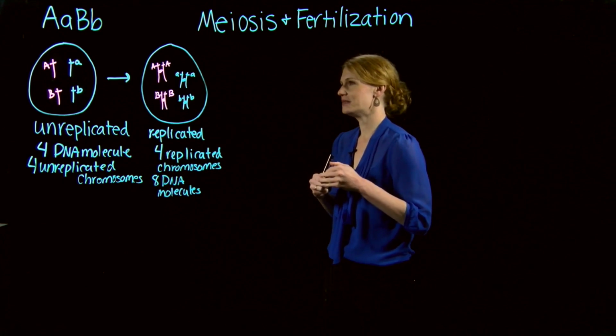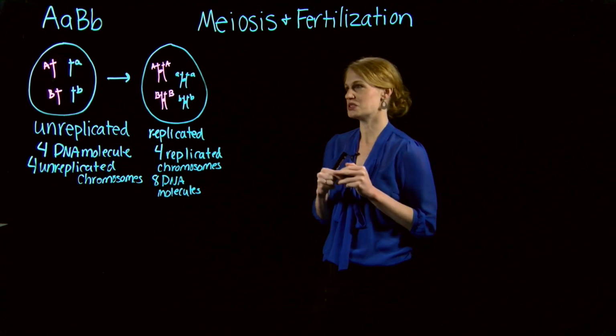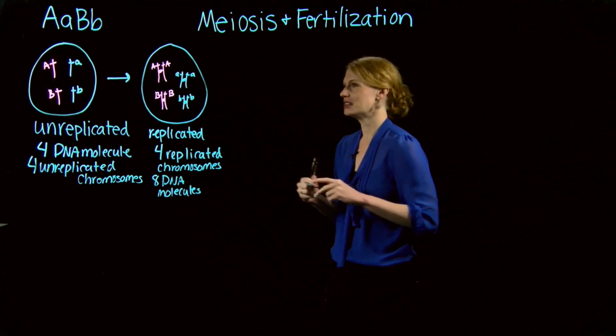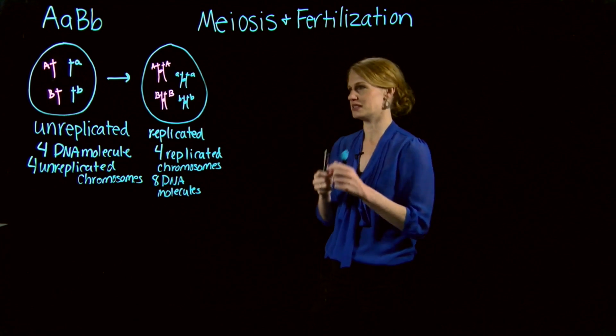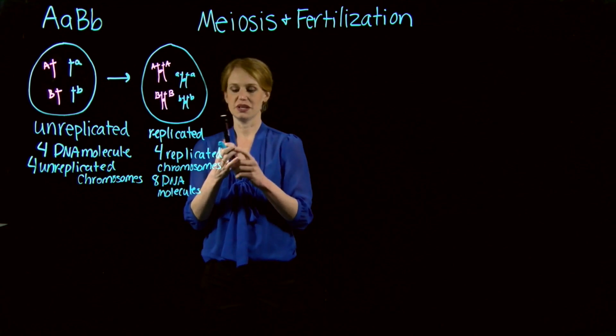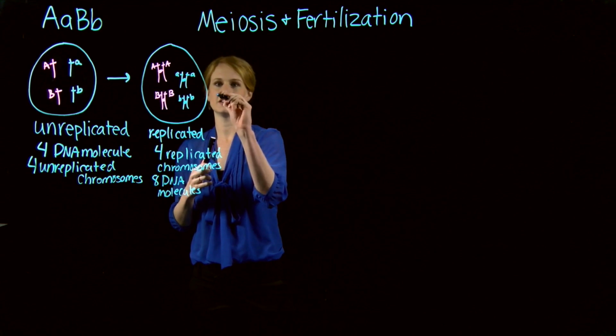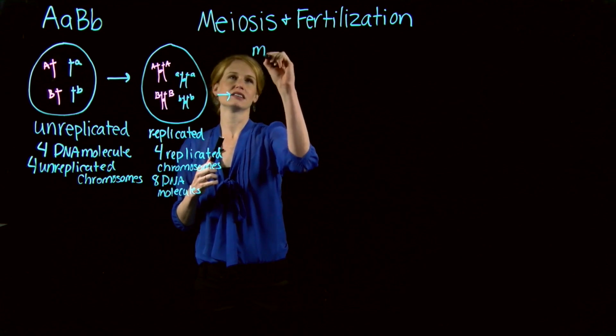So the first thing that happens is that homologous chromosomes are going to come together. The cell recognizes that there are similar sequences between homologous chromosomes and brings them together. So I'm going to go ahead and draw that here.